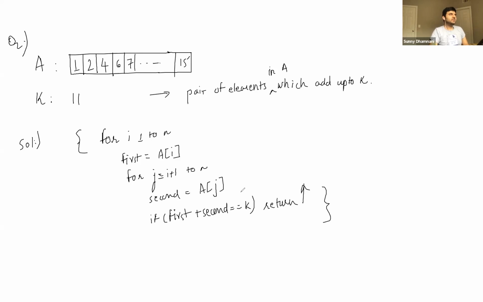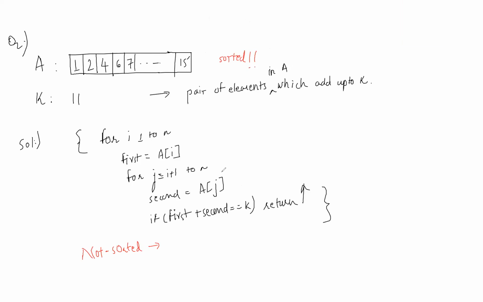So let me change the question a bit. Now, if this array was not sorted, so let me write it here. So this was a sorted array. And now let's think about when the array is not sorted. Will the same algorithm work? Yes, sir. It will work, right? Because we are not using that property here.